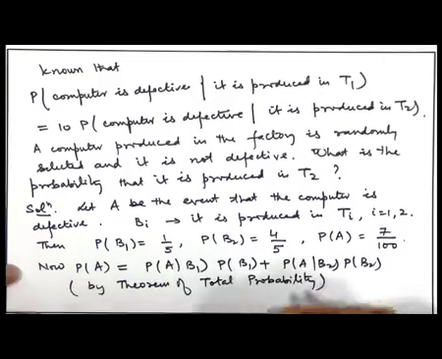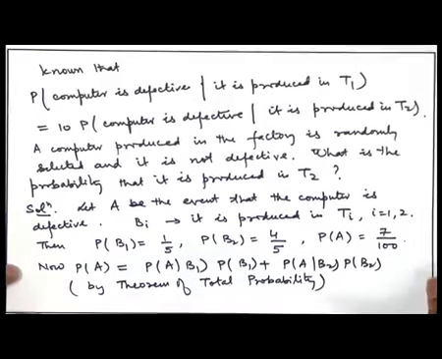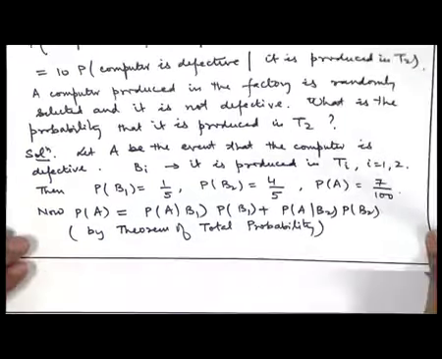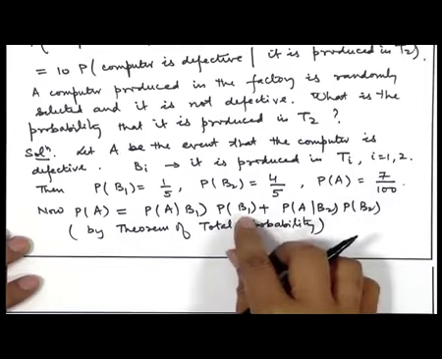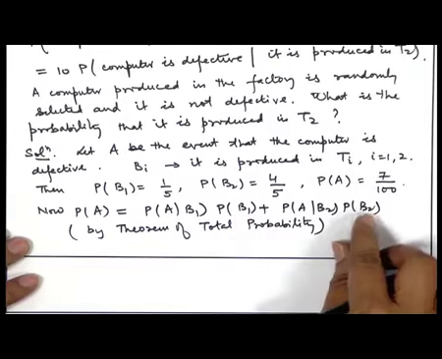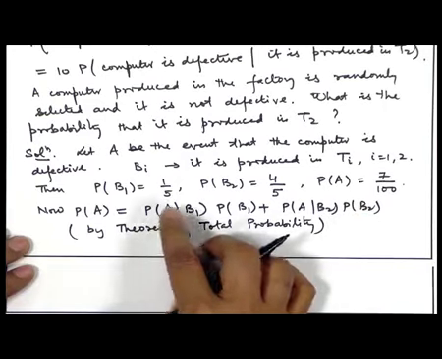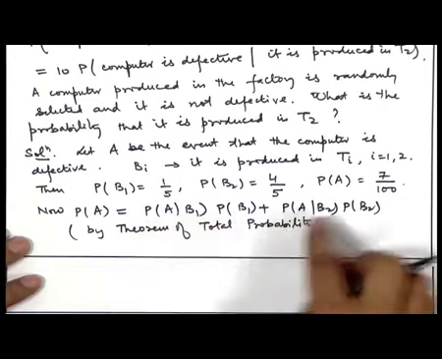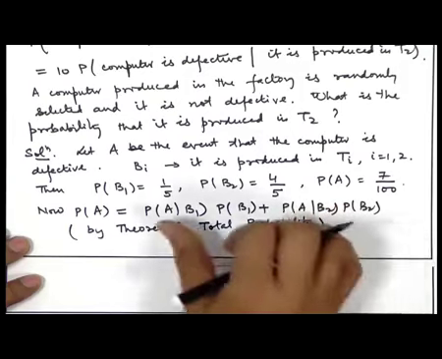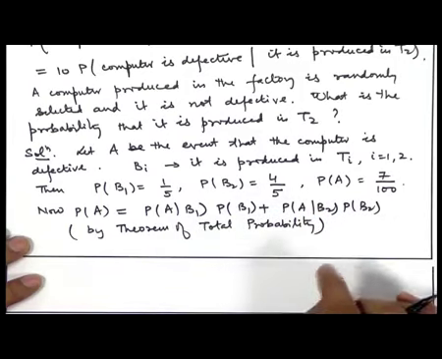You can note here that the conditions for the theorem of total probability are satisfied, because you have two mutually exclusive and exhaustive events B1 and B2, and then there is an additional event A, and the probabilities of A given B1, A given B2, etc. can be used here.